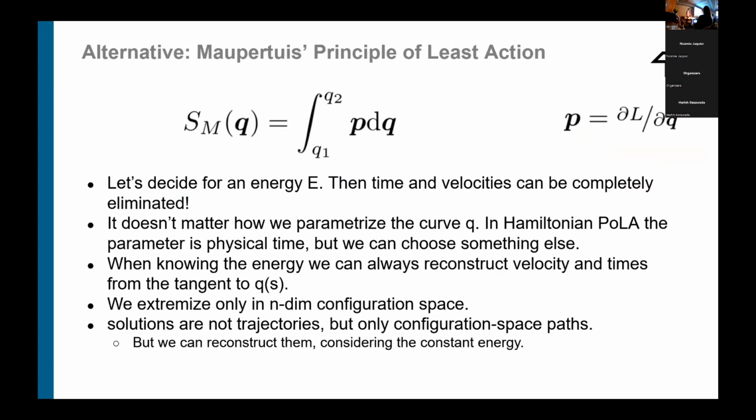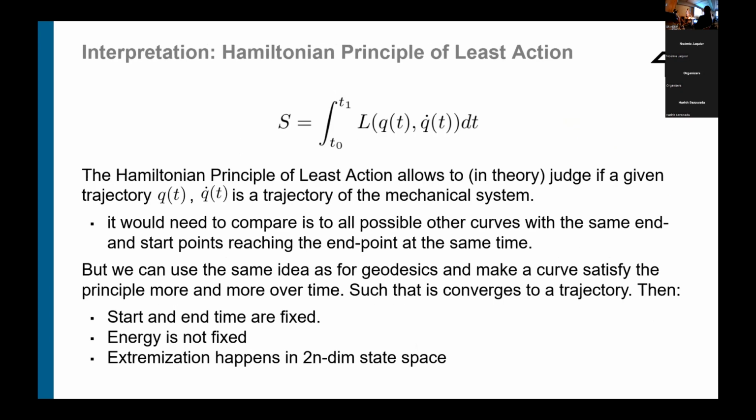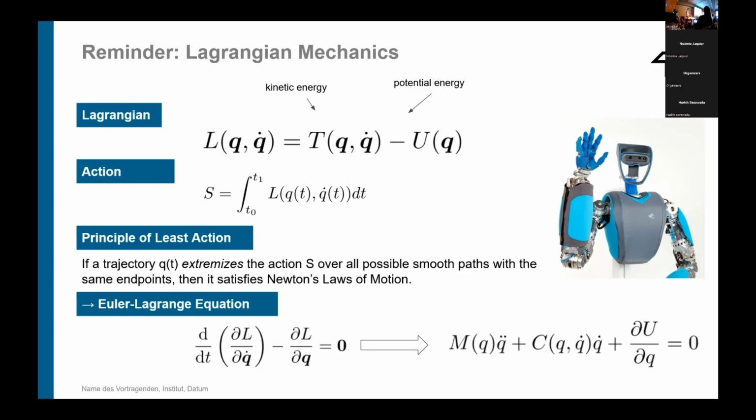Then there's an alternative version of the principle of least action, called the Maupertuis principle of least action. The difference here is that we don't integrate over time, but over space. In the previous one, we had time in the integral, so we needed to find trajectories that go between 2 points, but also at the same time, so the t's are fixed.